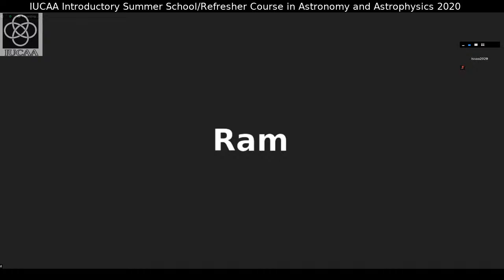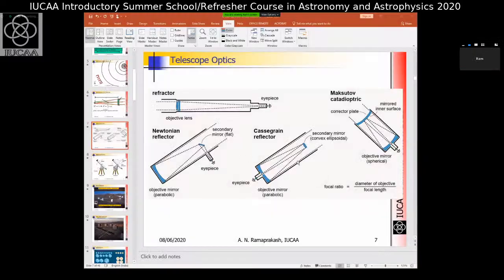If multiple mirrors are used for producing an image like this, yes, the combined properties of these mirrors, this primary mirror, this secondary mirror, is what defines the effective focal length, the quality of the image you get, and so on and so forth.